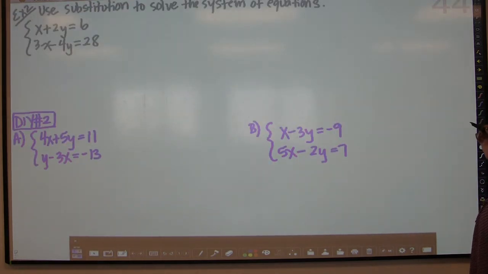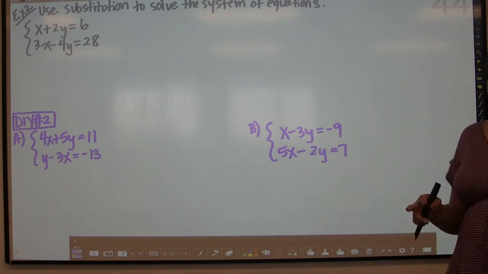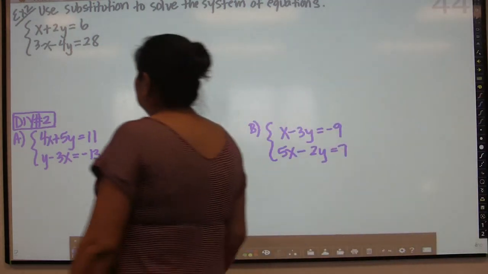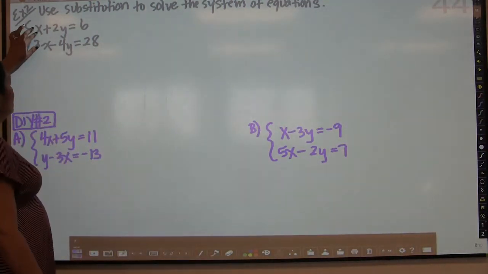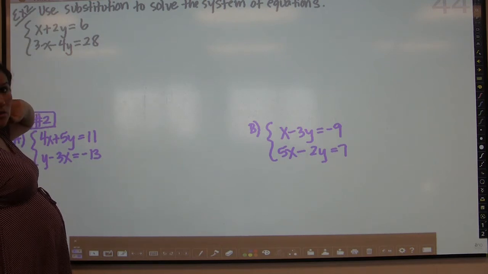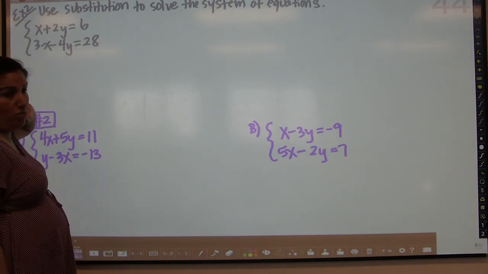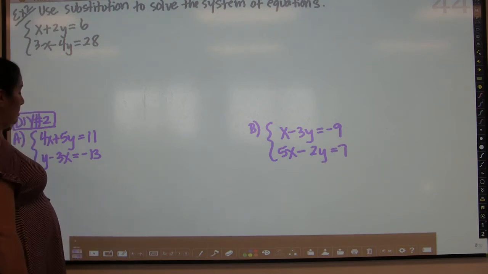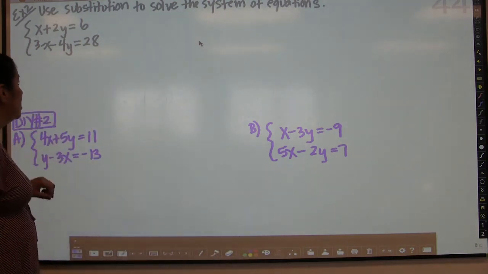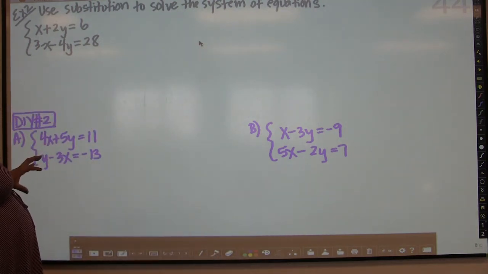In this case, it has gotten a little bit more complicated for us because now neither of the equations that we're given is isolated for a variable. They're both in standard form. So our job is to first and foremost take one of the equations and actually solve it for a variable. I will tell you right now that the easiest way to do that is to pick, if possible, and it isn't always possible, but it is in this case, a variable that has a coefficient of 1.